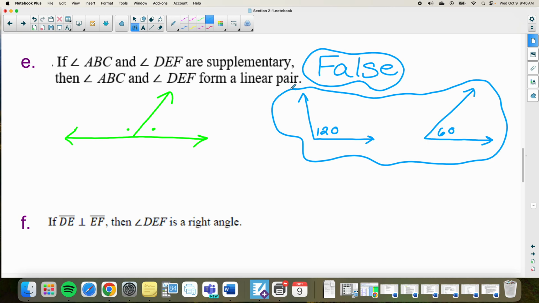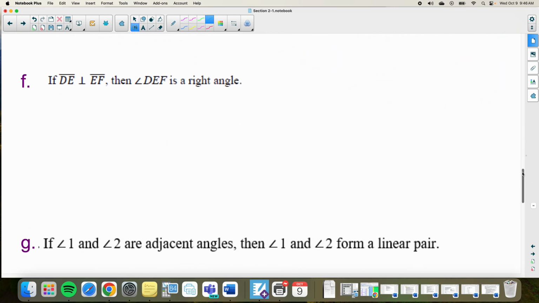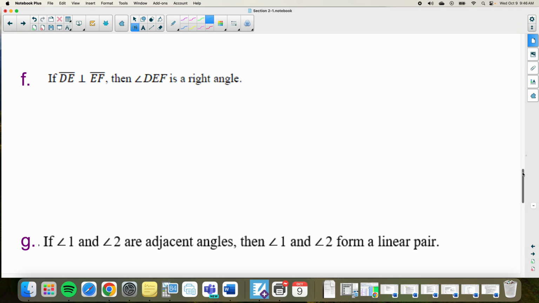Okay. Then if we look at this one, it says segment DE is perpendicular to EF. So notice there's an E in both segments there. So that tells us the E would go right here. Okay, so I'm going to do DE and EF.